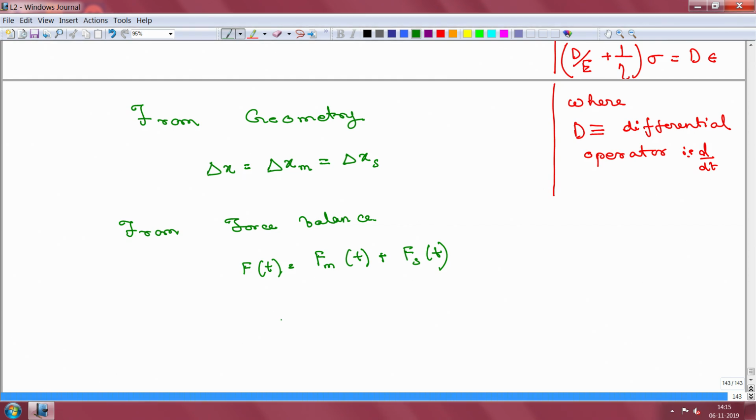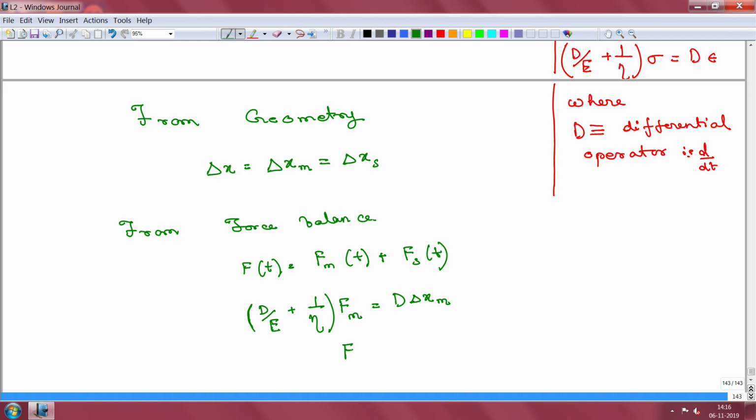Now, our relationship for the force when it comes to the Maxwell model is, so for d by E plus 1 by eta, if I want to write the individual relationships, that is the force in the Maxwell model is this quantity multiplied by d of the displacement suffered by the Maxwell model.